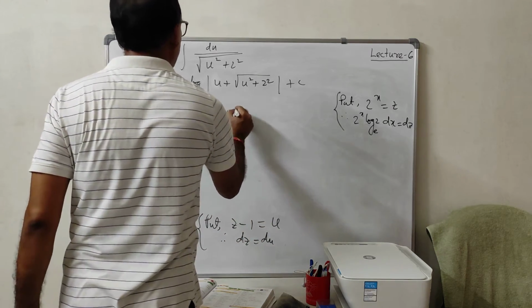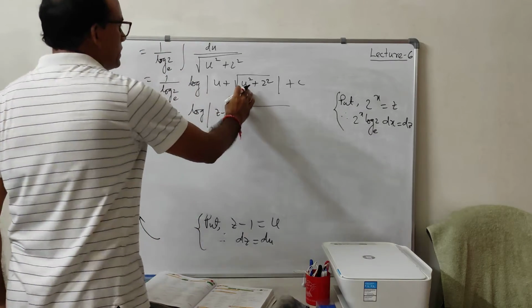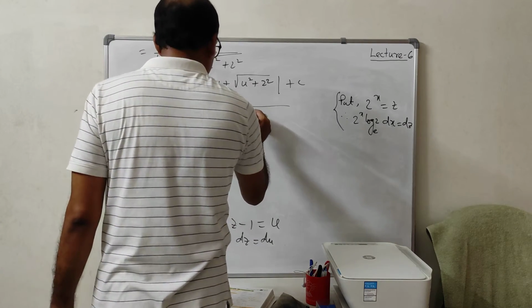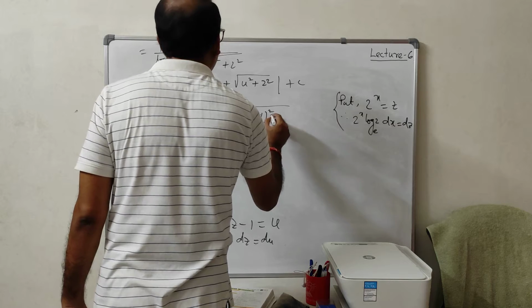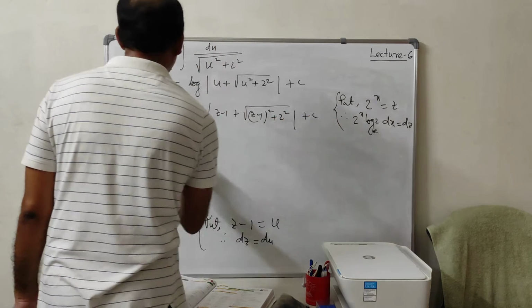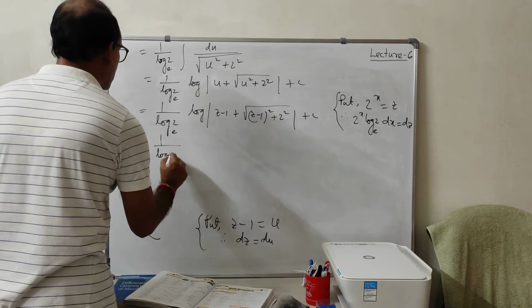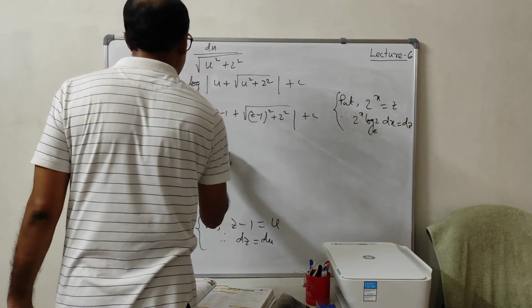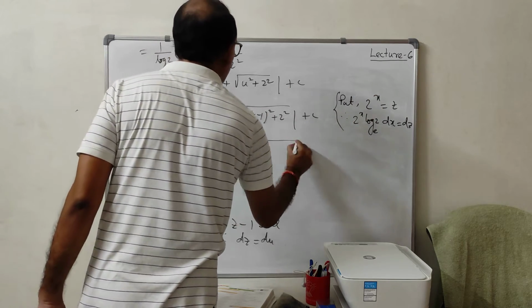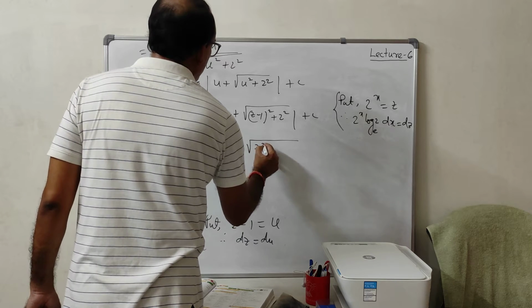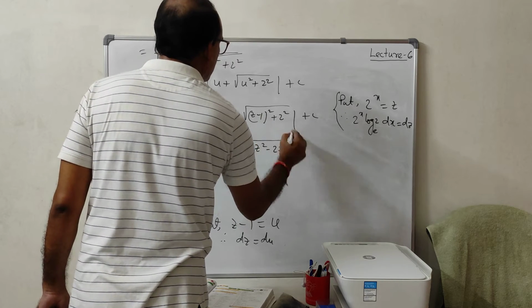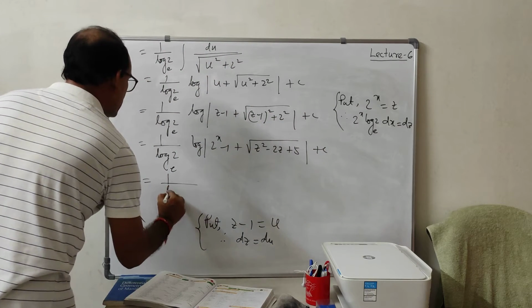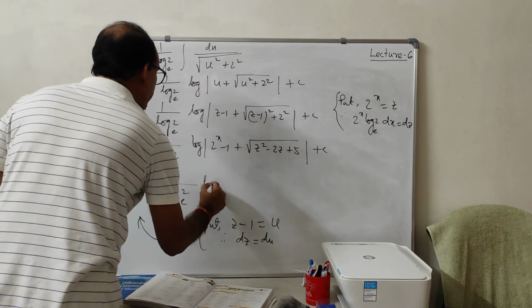So put z minus 1 here plus root of (z minus 1) whole square plus 2 square, plus C, equals 1 by log 2 base e logarithm of z minus 1, meaning 2 to the power x minus 1, plus root of z square minus 2z plus 5 after all calculations, and this is the last line of our solution.